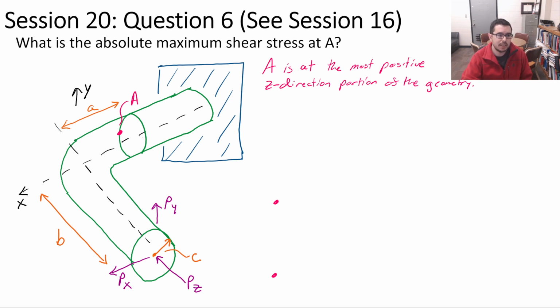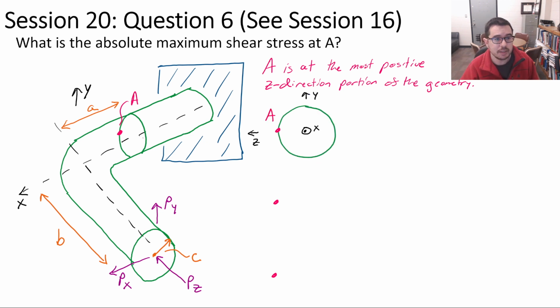Here we're saying that A is on this portion of this loaded shaft or beam with a bend, and that it is on the outer surface. So this is now a repeat.